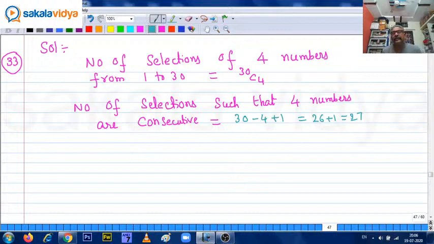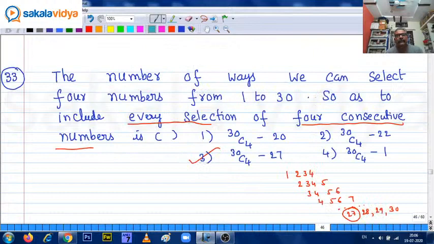Sorry, the 27 are the consecutive ones. So actually we get this minus this. Required number of ways is equal to 30C4 minus 27. So this is the answer.